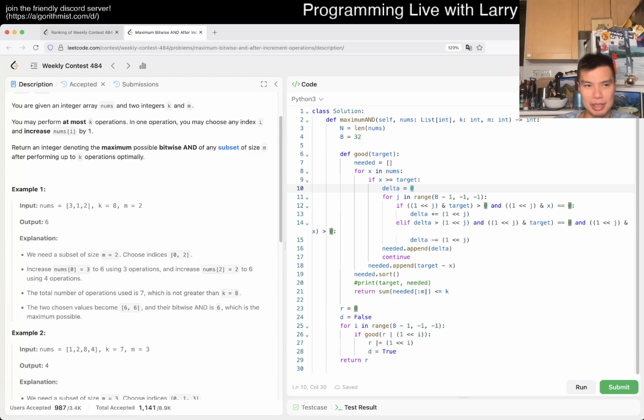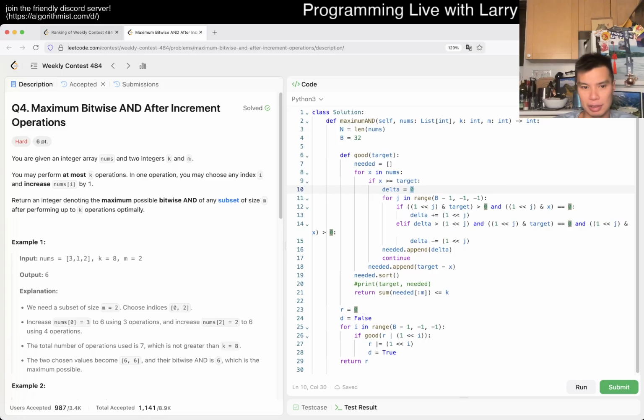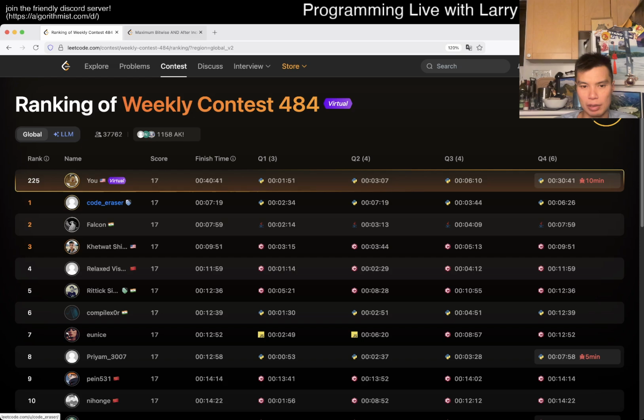I do not trust Leetcode. But I like the Q4, so I don't know. I'm just thinking through it.